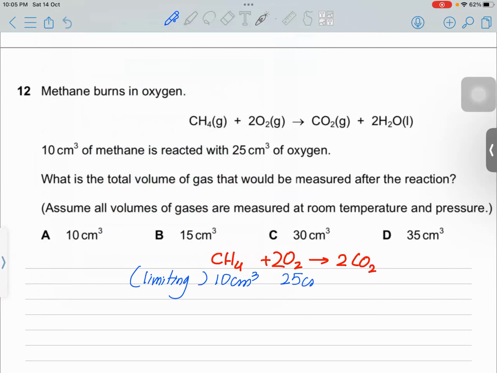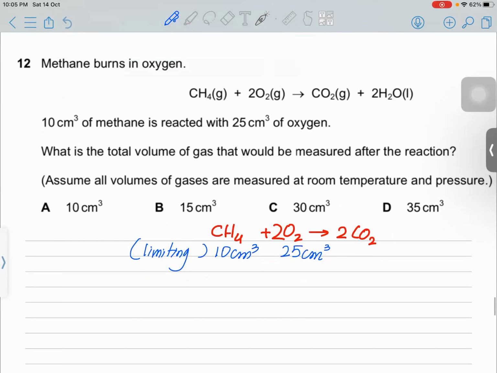This is 25 cm cube. Can anyone tell me the produced carbon dioxide? If you use the limiting reactant, 10 cm cube. The ratio is 1:2, so the produced carbon dioxide would be 20 cm cube.